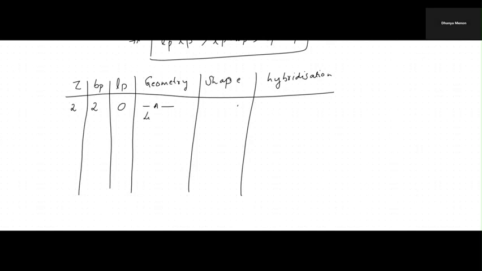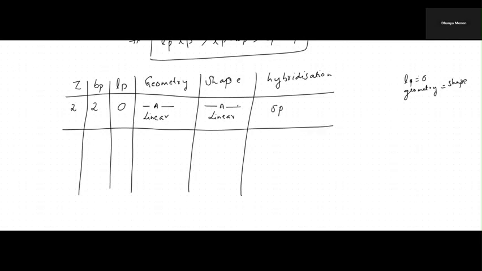This is the geometry we learned in the previous video, and the hybridization is sp. And we learned that when lone pair is equal to 0, geometry is the same as shape. So it is linear. Now this is the first one.